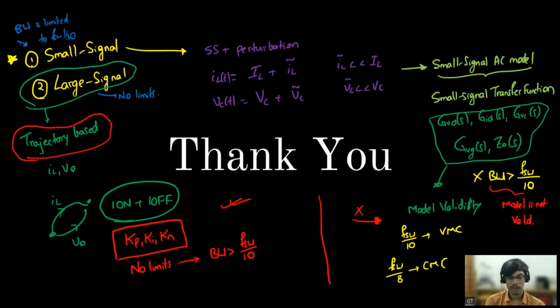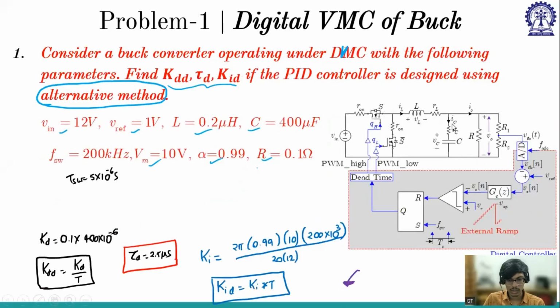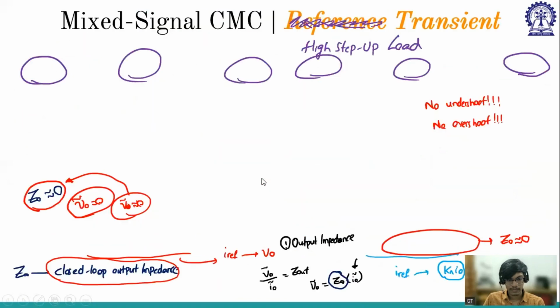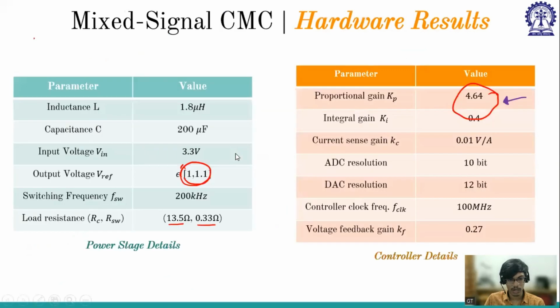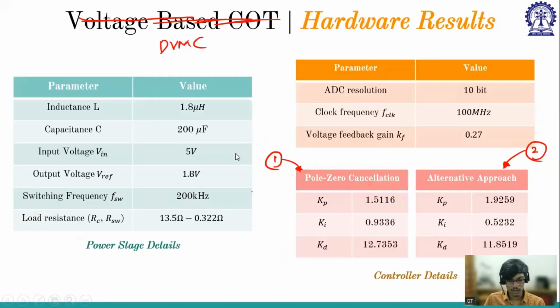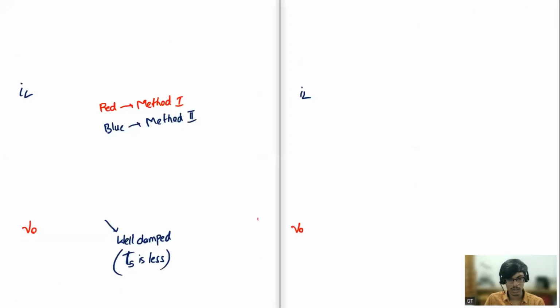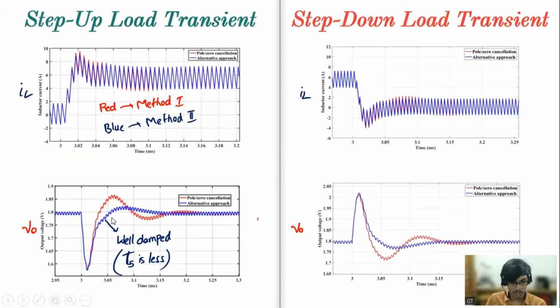I don't remember exactly, but Sir has considered this comparative study in the MATLAB case study, and I have also shown it. So if we can go to that one such scenario, here, as you can see, the alternative approach reaches somewhat faster compared to the pole zero cancellation, and the undershoot and overshoot are also reduced.